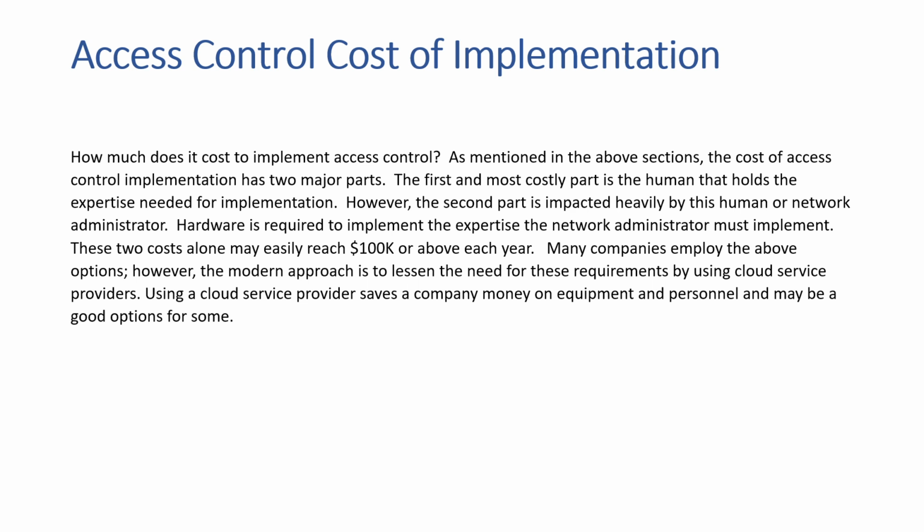The major reason for this is the hardware required to implement and the expertise needed to implement it for a network database and access controls. It's important to note, though, most companies are adopting a cloud service provider in order to have access control to their company resources or their customers' data.